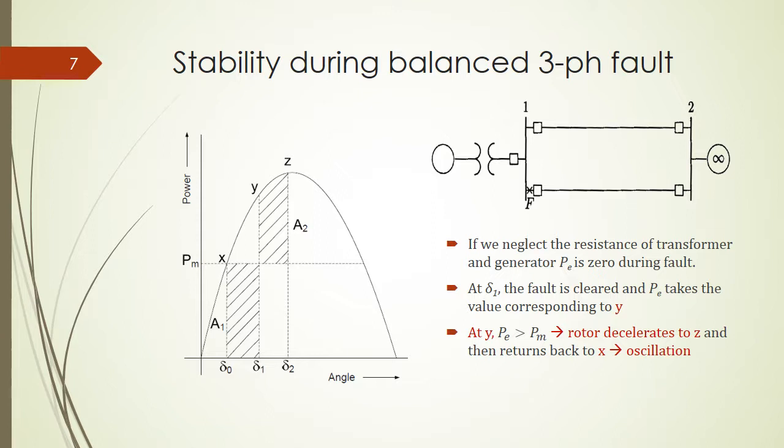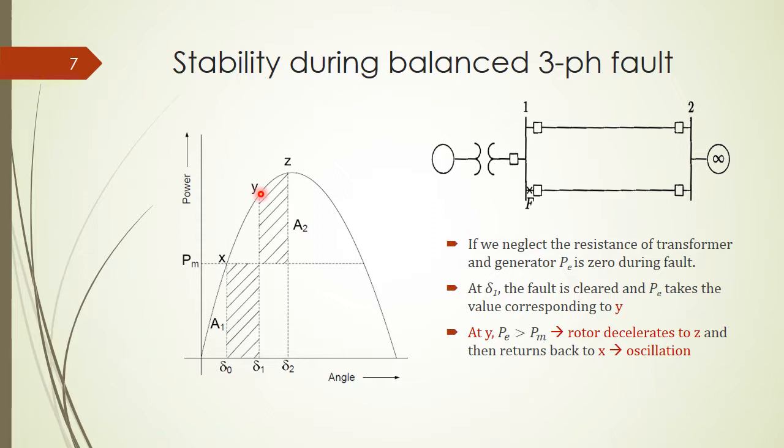And if we assume that at delta 1 the fault is clear, and PE takes the value according to this position, which is P max times sine delta 1. Suddenly we have the situation of PE is higher than PM.